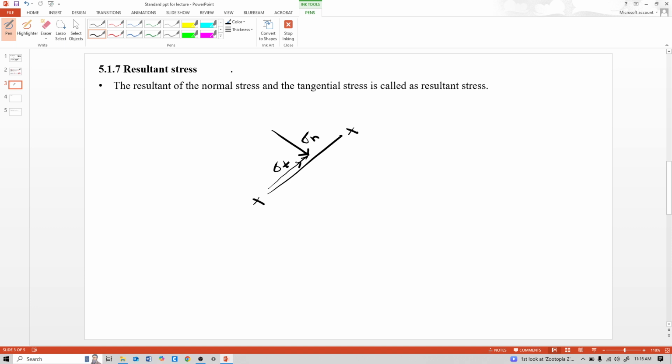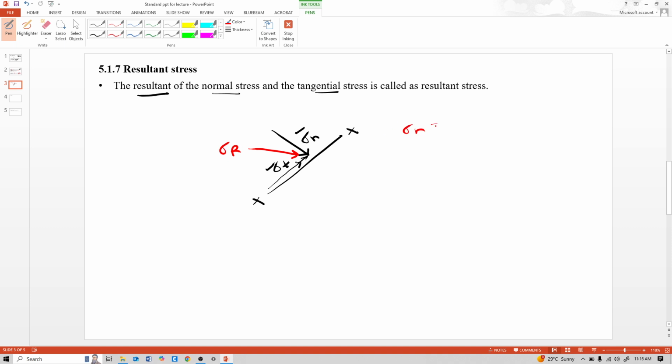So the resultant of this normal stress and tangential stress is this, sigma r.